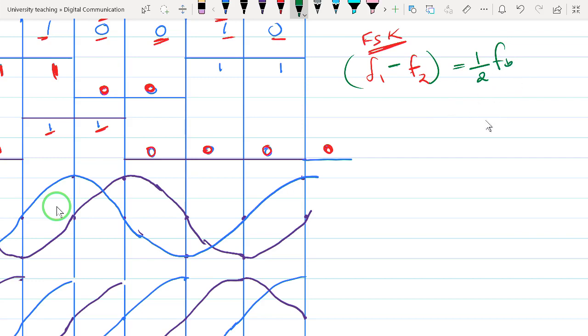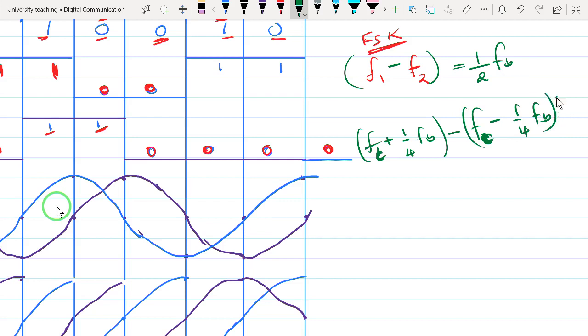So if FB is the bit rate of the incoming data stream, and we want this separation to be equal, we are going to say that F1 is the carrier or center frequency FC plus 1/4 FB, minus F2, which is FC minus 1/4 FB. We want this to be equal to this.